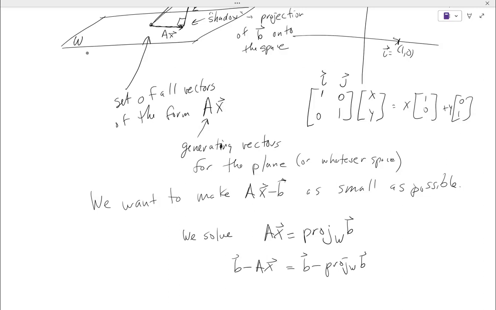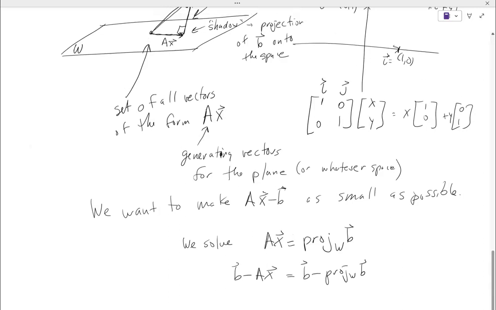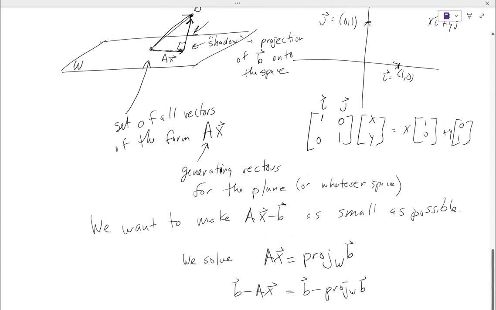Now let's look at that vector on the right-hand side of the equation. Going back up to my picture, my wonderful picture up here at the top, your b is going this way. Your projection is this thing down here, right? Agree with that? Okay. So this vector here, the one that's up and down, would be the b minus the projection.